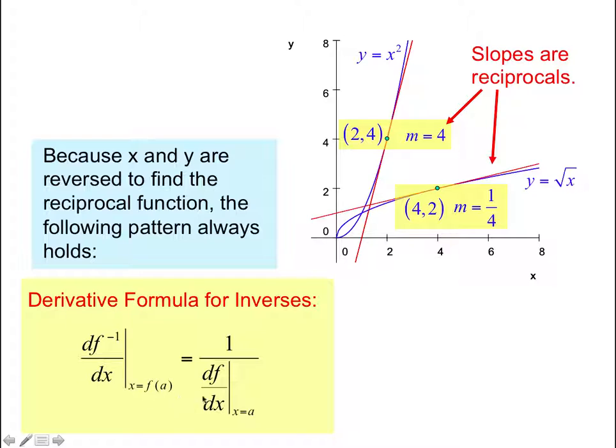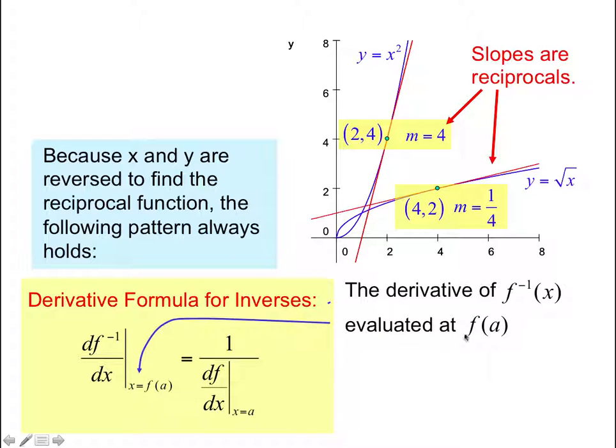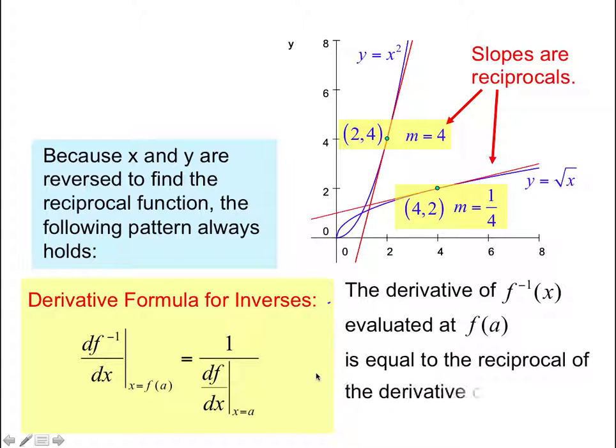So this is allowing us to sidestep all of that math that we just did on this problem. So how do we work with this without having to create this graph? This is the derivative of the inverse, and it's evaluated at that y value, f of a. And it's equal to the reciprocal of the derivative of the function, evaluated at the x value.